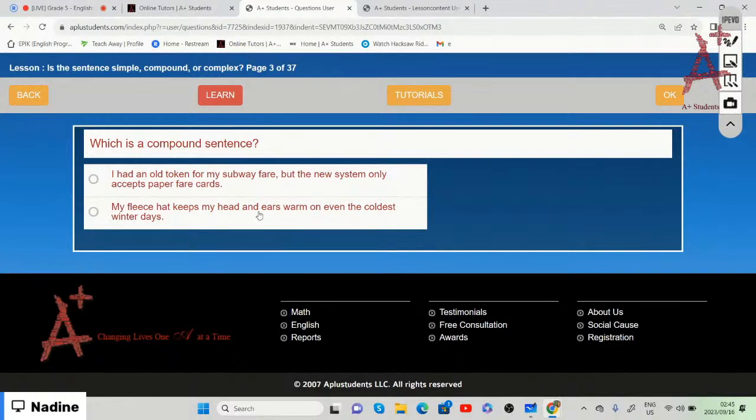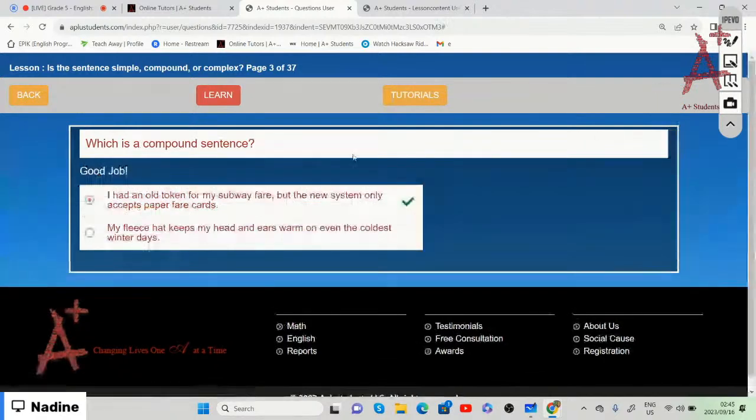So we are going to choose the first option, which is I had an old token for my subway fare, but the new system only accepts paper fare cards. The word but is the coordinating conjunction that is joining those two simple sentences, and that is a compound sentence. All right.